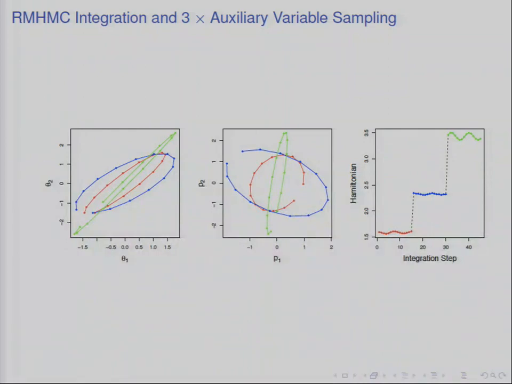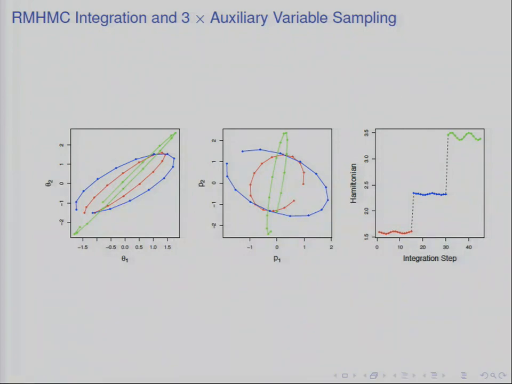Then we take this new theta and this new p, plug it into H, accept or reject, and then we sample a new p, which means that we jump to a new energy level, and we start again, accept or reject, jump to another new energy level, and on it goes.